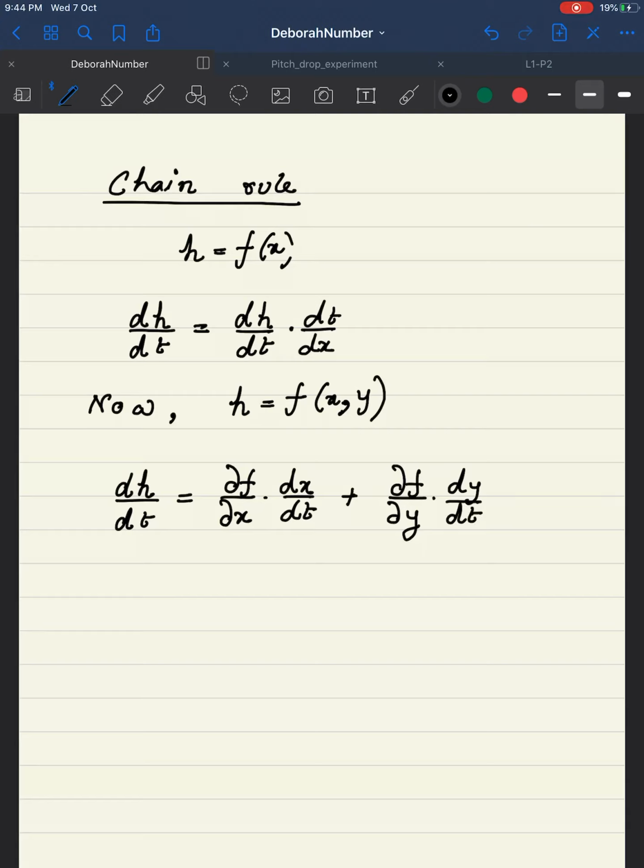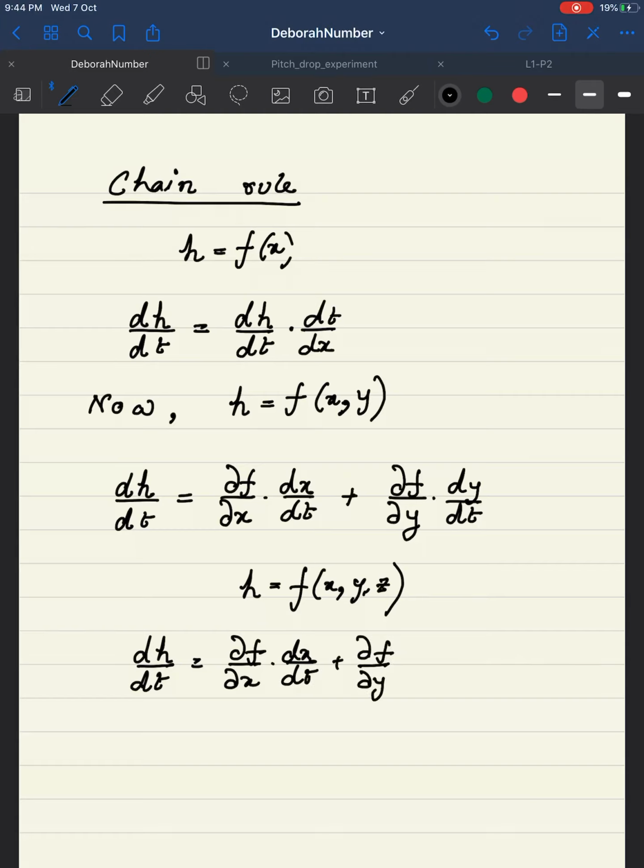And this goes on. You can easily make h a function of, let us say, three or more variables, and you just do the same thing all over again: del f del x dx dt, del f del y dy dt, plus del h del z dz dt.